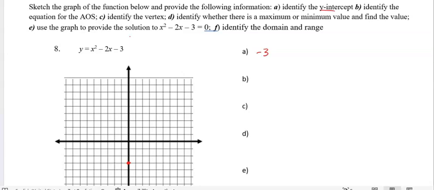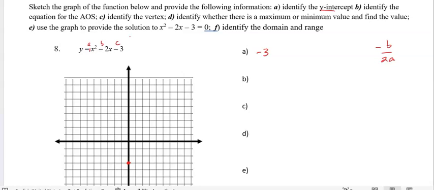All right. Letter B is identify the equation for the AOS. Well, the AOS formula is the opposite of B over 2A. All right, so let's identify what is A. A is 1. B is negative 2. We don't need C, but we'll go ahead and put it because we'll use it maybe later. C is negative 3.